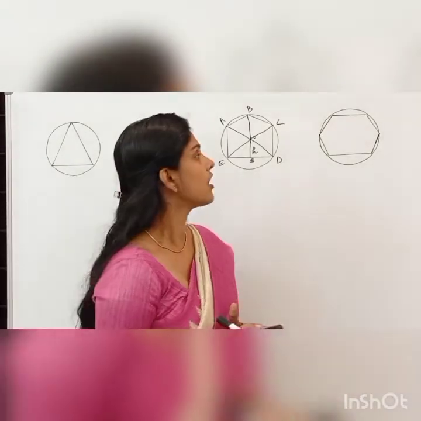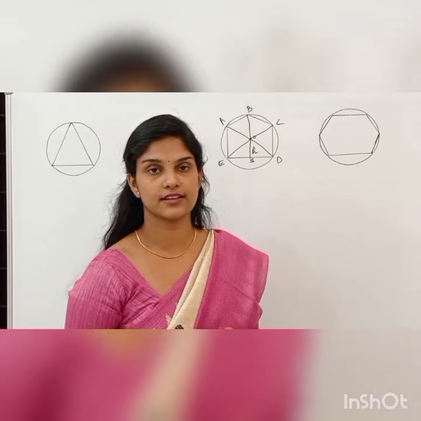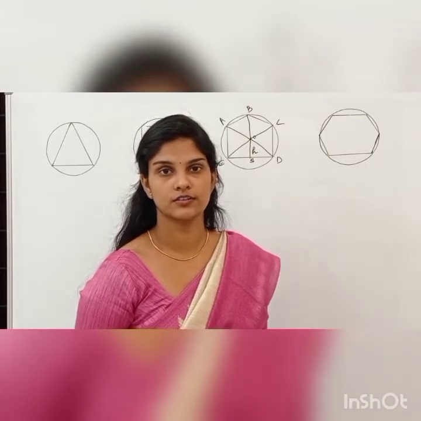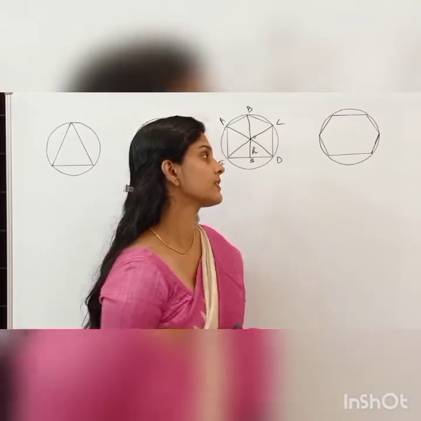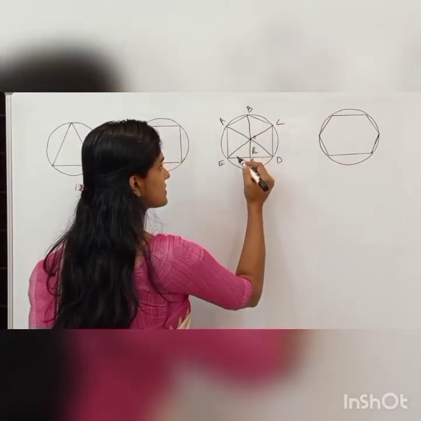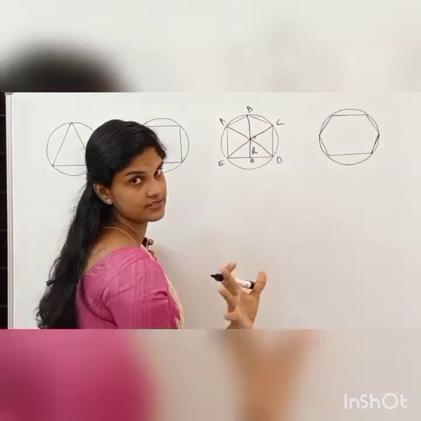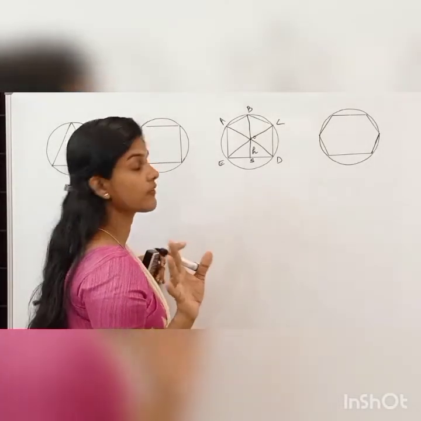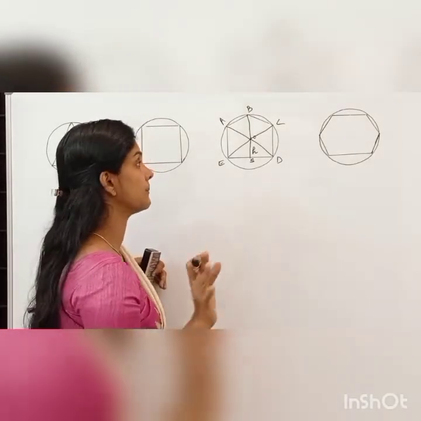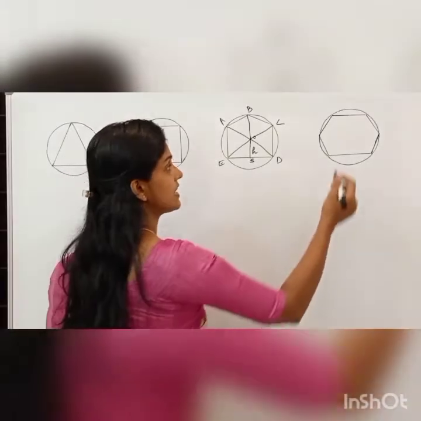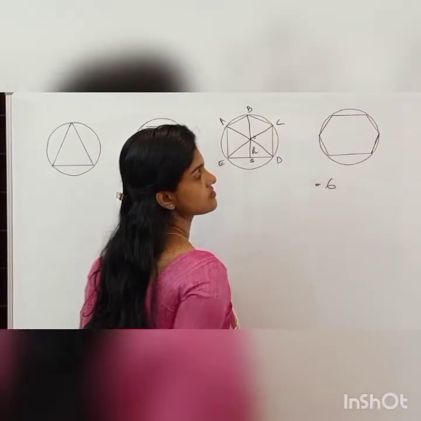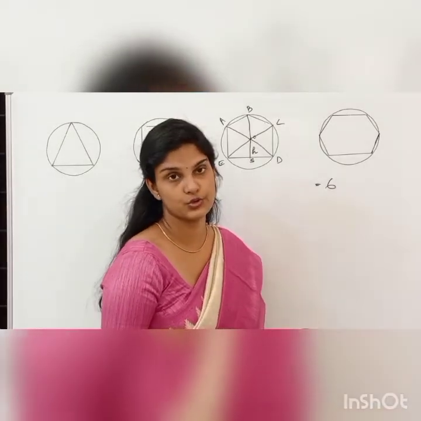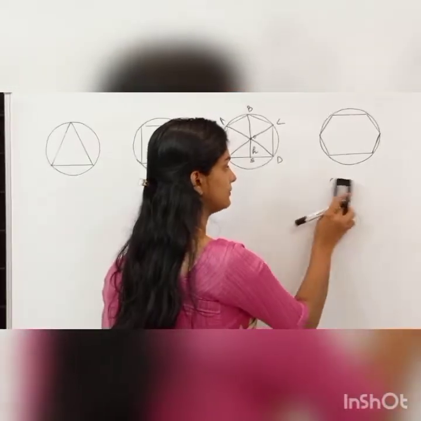So, into how many triangles can we divide this hexagon? We can divide it into 6 triangles, right? Here, how many sides does this pentagon have? 5 sides. So we were able to divide this pentagon into 5 triangles. Here, the hexagon has 6 sides, so we can divide the hexagon into 6 triangles.